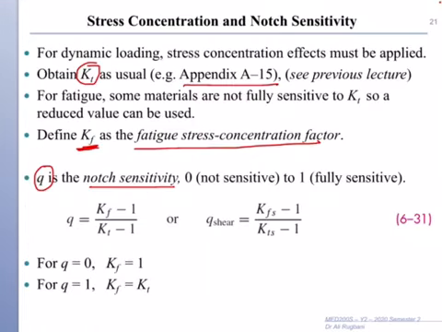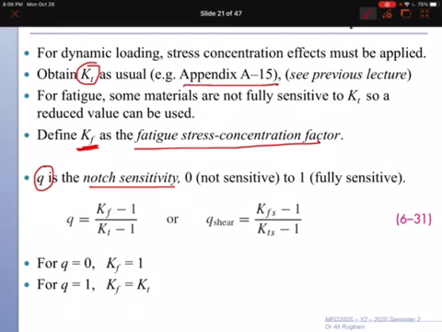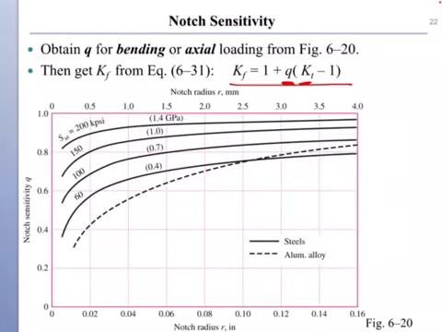Okay, so Kt, as I said, comes from appendix A15, depending on the loading type and the geometry of the machine element. The notch sensitivity Q can be calculated using the formula, or you can also use this figure.